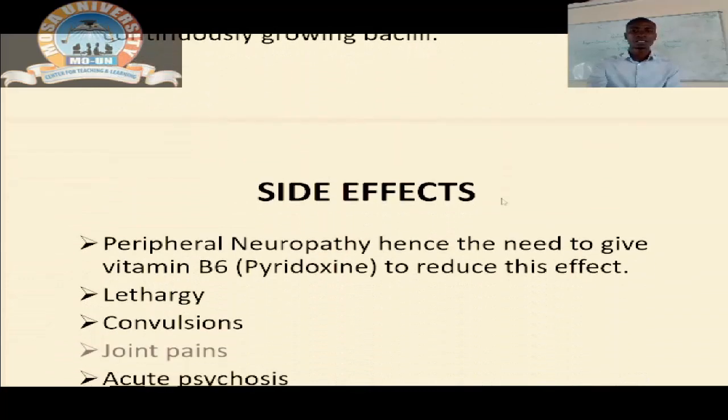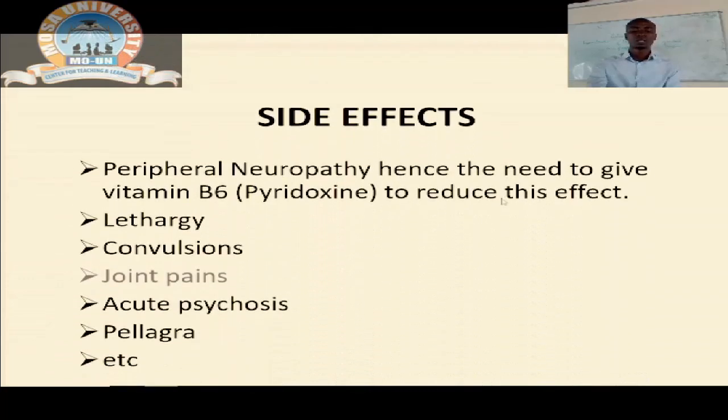The side effects of isoniazid, we have peripheral neuropathy. So when it causes peripheral neuropathy, we need to give vitamin B6 to reduce its effect. It has also some joint pains and also some convulsions.